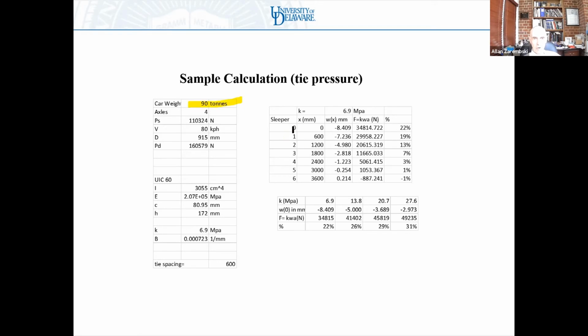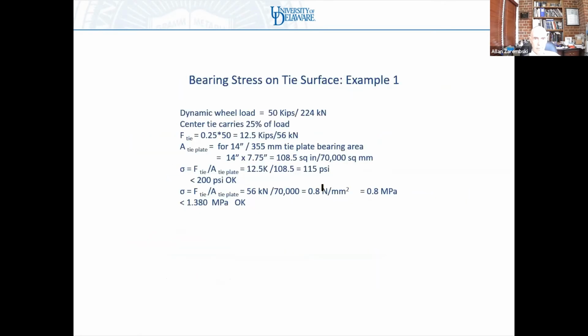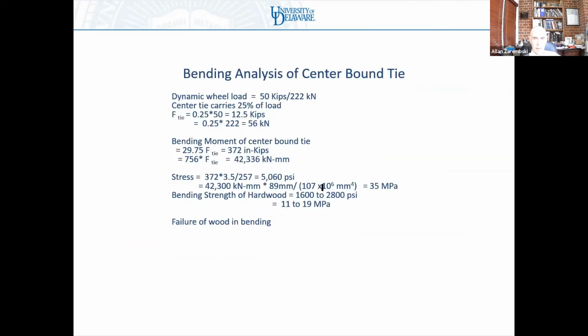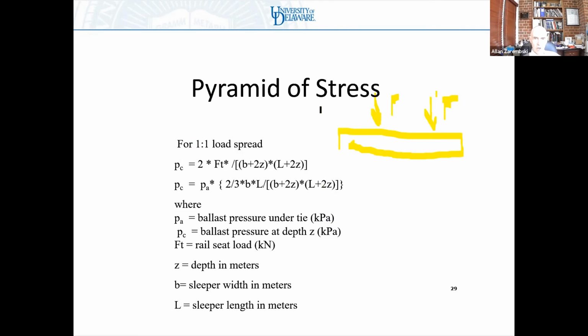The sleeper directly under the wheel was about 34.8 kilonewtons. The next sleeper over was about 30 kilonewtons. The next sleeper over was about 20.6 kilonewtons, et cetera. So that's what our F is. And we have two of them because with the sleeper, we have one on each rail. That F was for a wheel load.